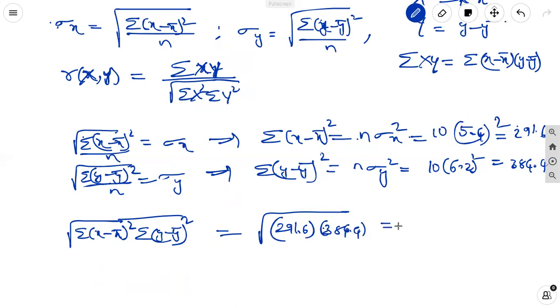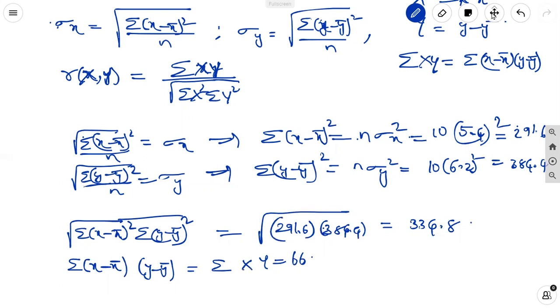It is equal to 334.8. And we know that summation of (x minus x bar) into (y minus y bar), that is, the sum of capital X capital Y, is equal to 66, which they have given.